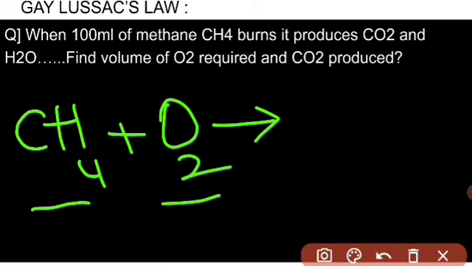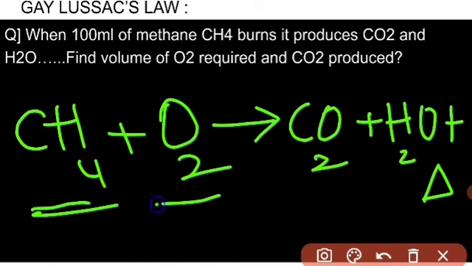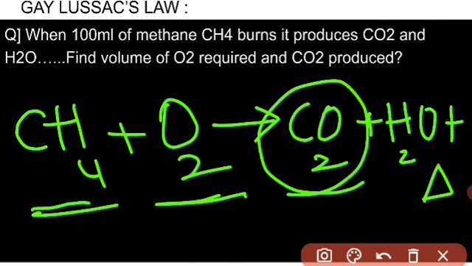Always the products will be only two compounds, carbon dioxide and water, plus heat being produced. That much only. CH4, methane, in the presence of oxygen will give you carbon dioxide, water, and heat.